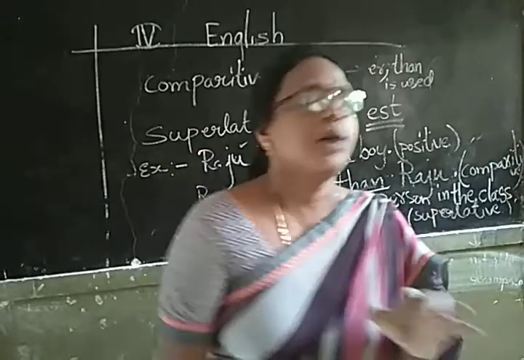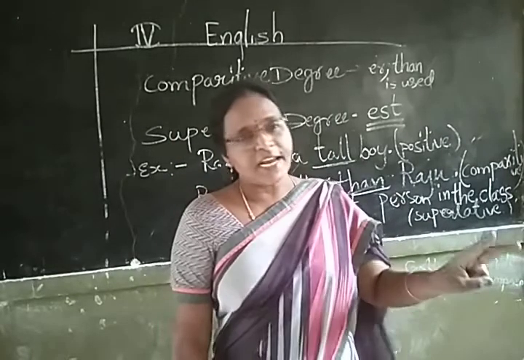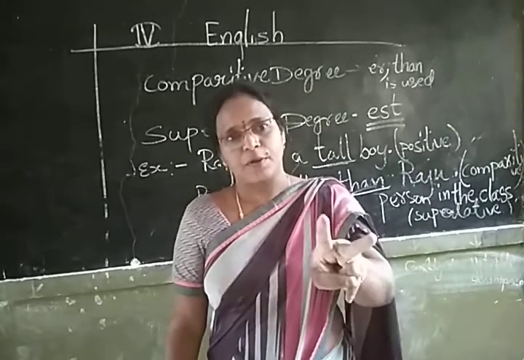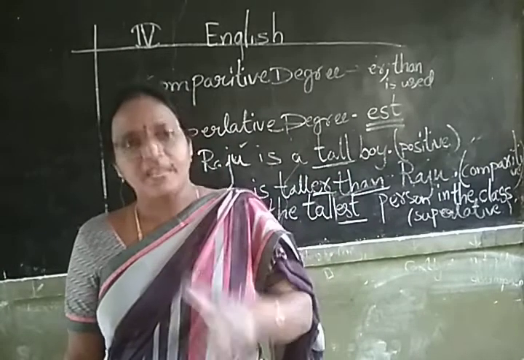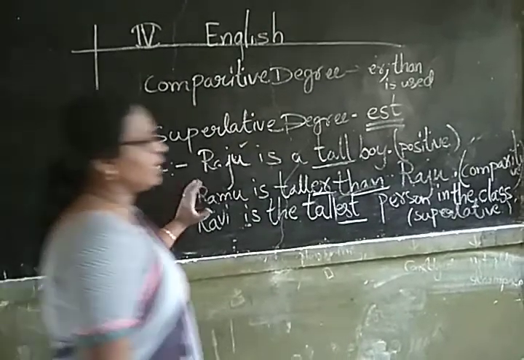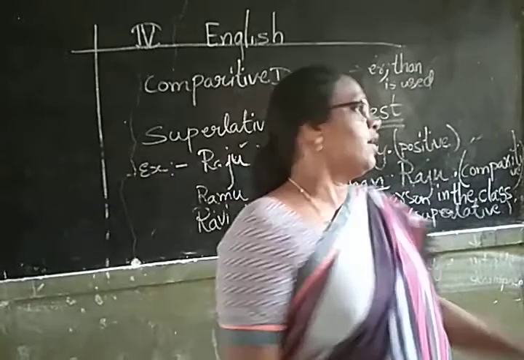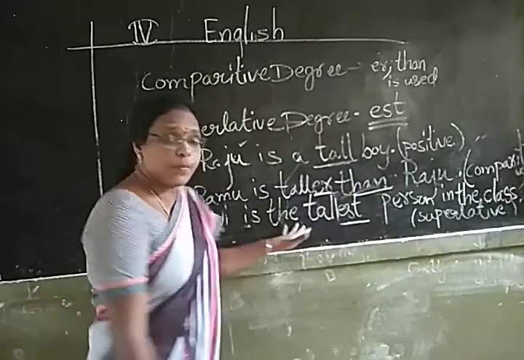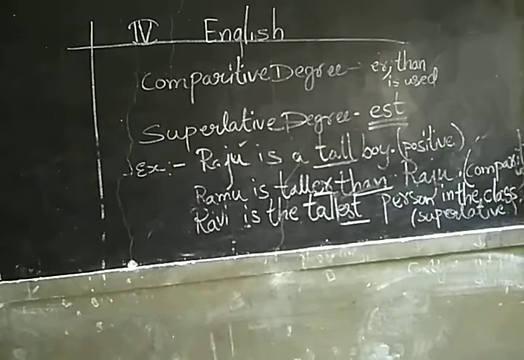In the first degree, we are talking about only 1 person. In the second degree, that is comparative, we are talking about 2 persons. In the third degree, that is superlative, we are highlighting 1 person. In the comparative degree, we are using er and than, whereas in the superlative degree, we are using est. Understood? Everybody? You understood or not?